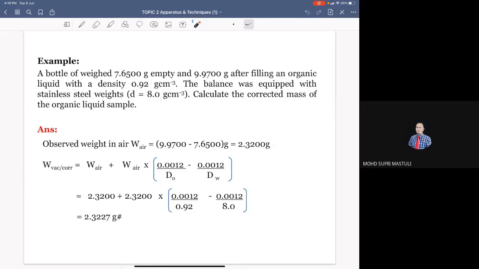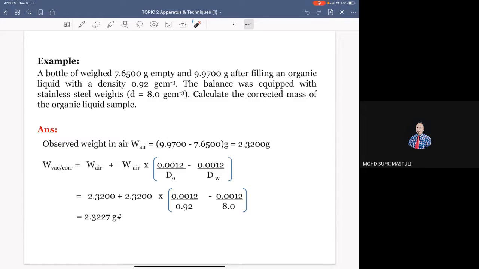So the corrected mass is the weight in air plus weight in air multiplied by the density of air over the density of the object, minus the density of air over the density of the weight.